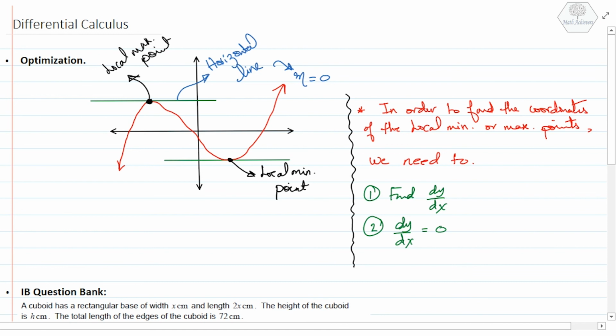Why is that? Because the gradient of the tangent at that point is 0 because it's a horizontal line.